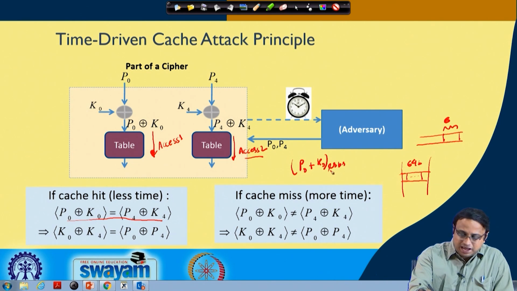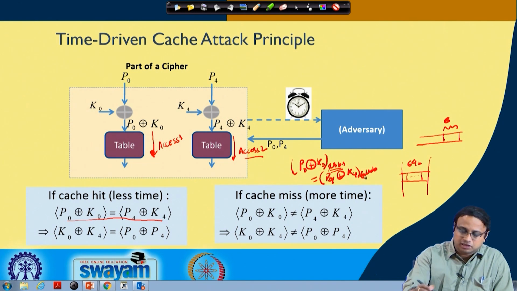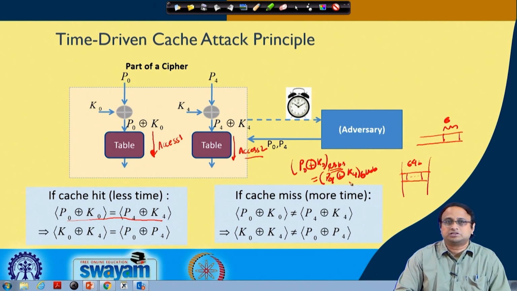Then the 6 LSBs of P0 XORed with K0 are the same as those of P4 XORed with K4. Let me just write 6 LSB, for example, to indicate the least significant bits. So it implies that I am not able to recover the entire address, but at the same time definitely a few bits of the address.